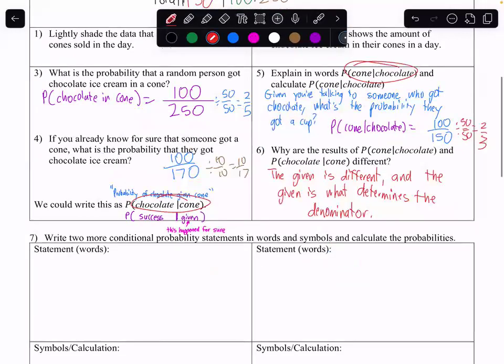Okay, so I want you to practice using these new conditional probability symbols and calculations. I want you to come up with two of your own, so you can't reuse the ones we've already done.